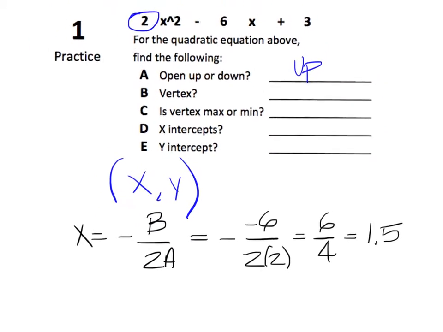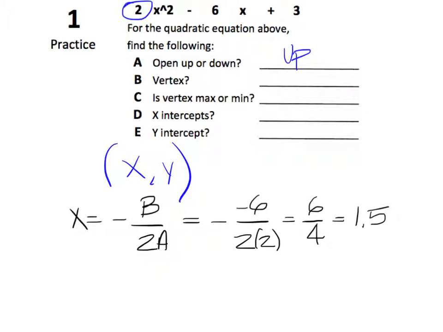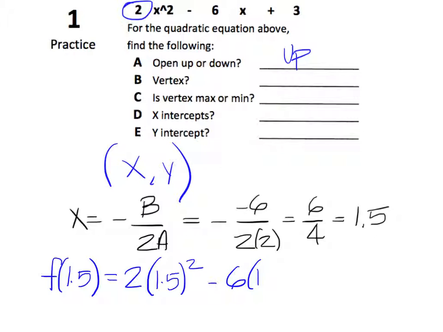And to find the y value, you would have to plug that back into your function. So f of 1.5 is going to be 2 times the quantity squared of 1.5, close the quantity, minus 6 times 1.5, and then plus 3.